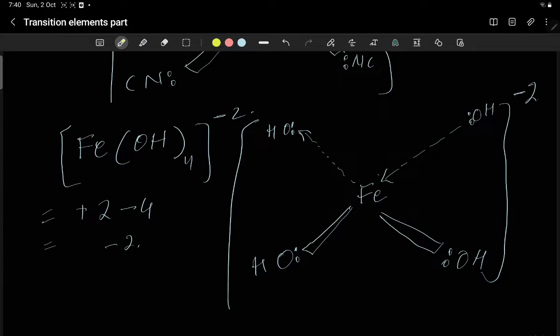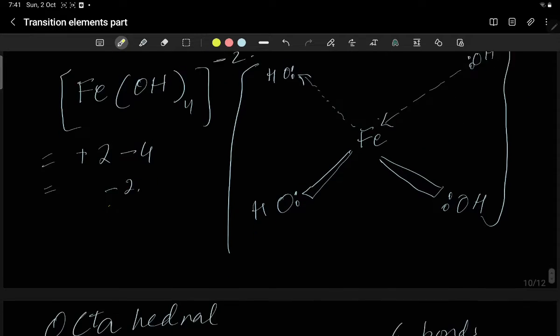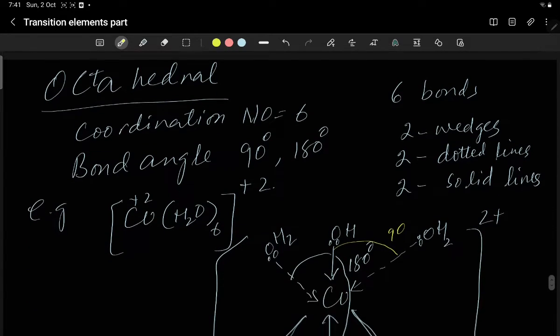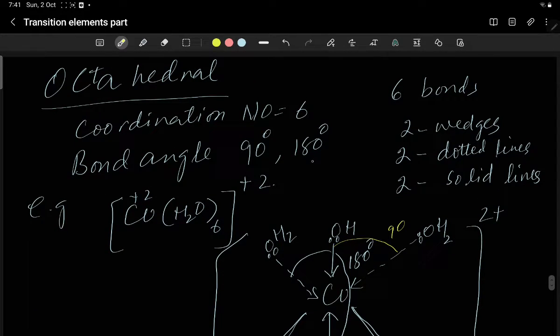OH carries -1, so there are 4 OH ligands which form dative bonds with iron. 4 OH is equal to -4, and iron carries +2, so the overall charge will be -2.